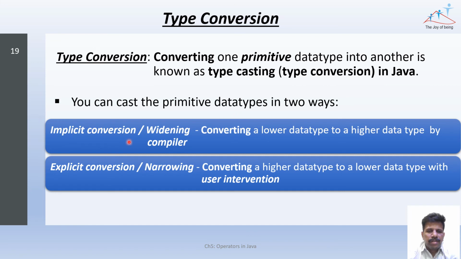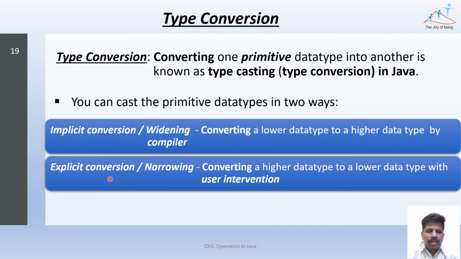One is implicit type conversion, which is also called widening. Here the conversion is from a lower data type to a higher data type, and it is done by the compiler. Compiler means it is an automatic type conversion, so it is called implicit. The compiler will take care of converting a lower data type to a higher data type.